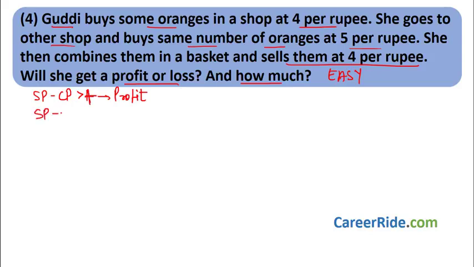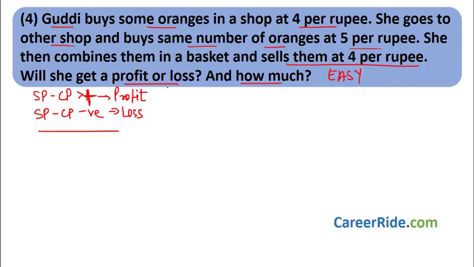If selling price minus the cost price is negative, then it is loss. That means the cost price is more than the selling price. That much we know. Now do we know the selling price? No, we just know that she sold them at 4 oranges per rupee. Same way for cost price, we do not know.